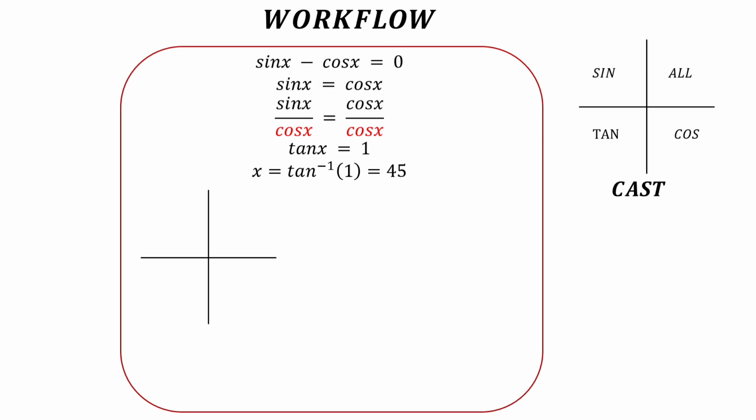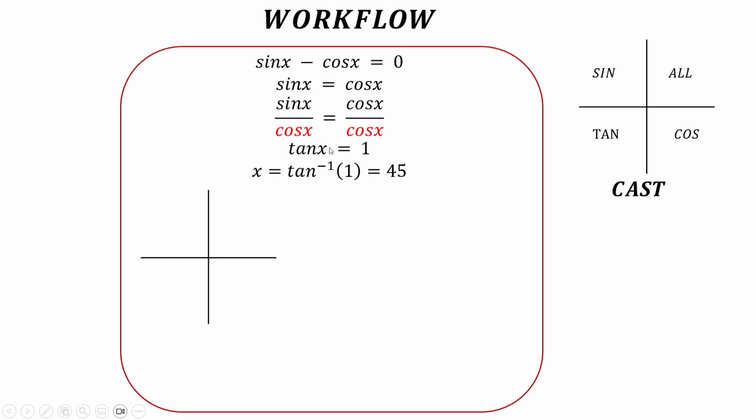So we have this Cartesian plane, right? Because this quadrant, where the "All" is written, if you take any trig function for any angle over there, you are supposed to get a positive number, and the tangent of x here is giving us 1, which is a positive number.